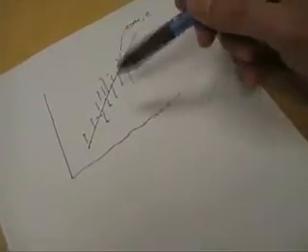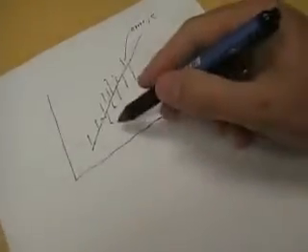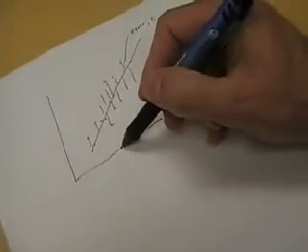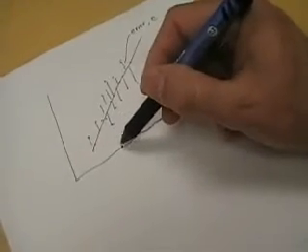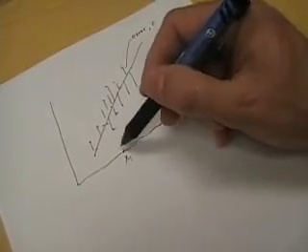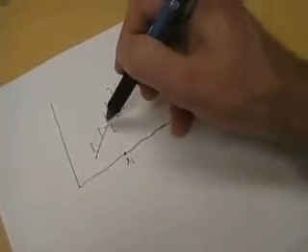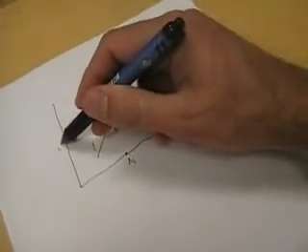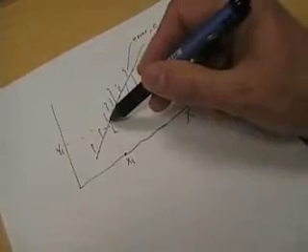And thinking that we have different x values, and our line tells us what the predicted y value would be for that x value. So if this is our x value, x1, we go up to the line and we read off what the predicted y value would be for that y1.